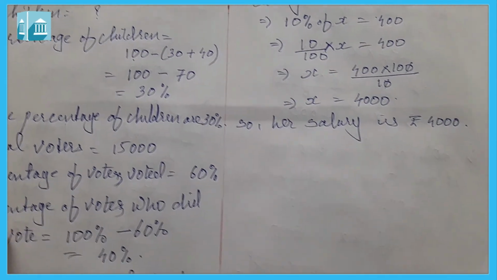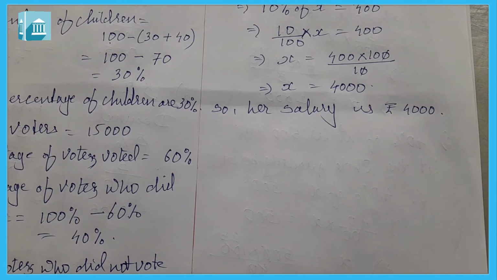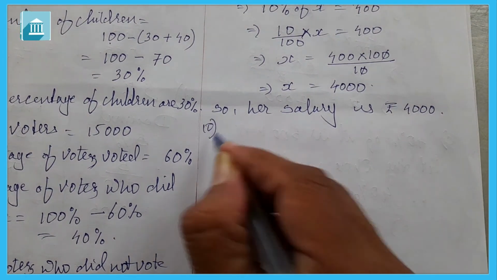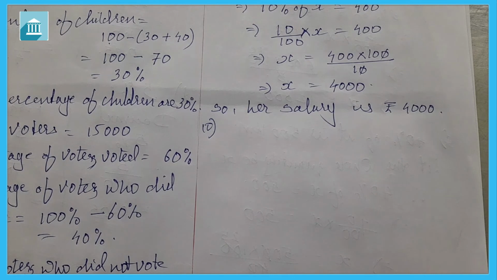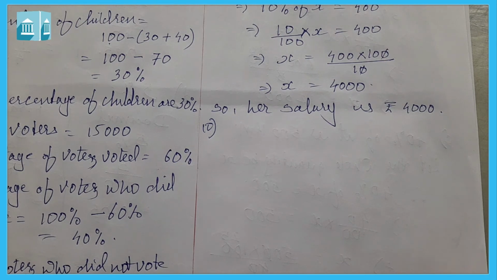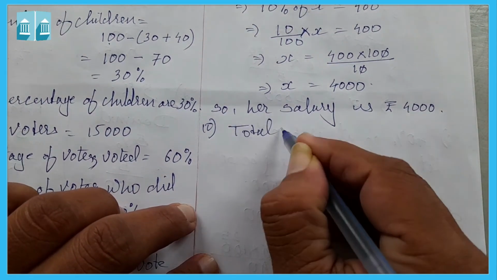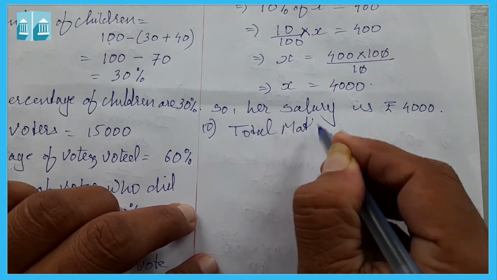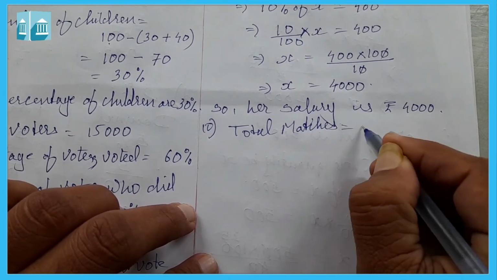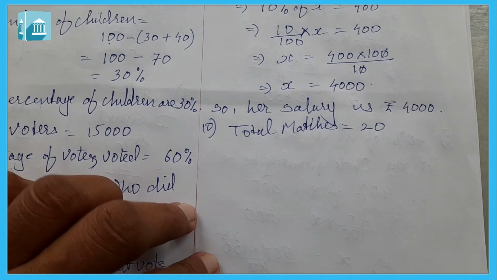Now let us see question number 10. Question number 10 says that a local cricket team played 20 matches in one season. It won 25% of them. How many matches did they win? Now total matches is 20.